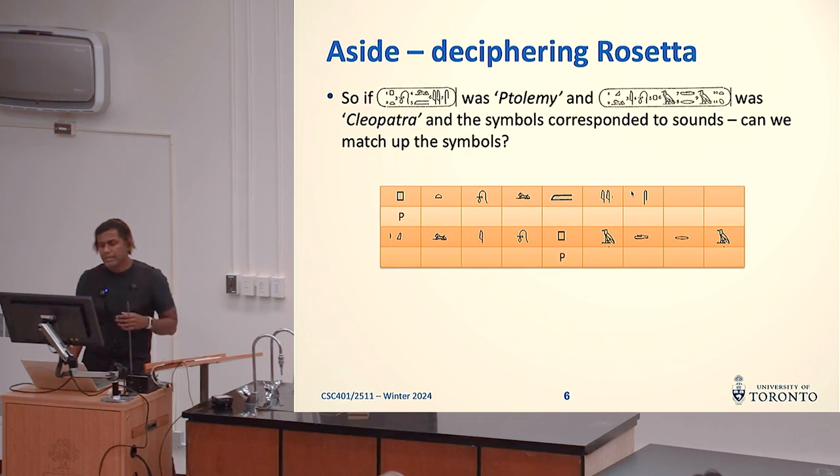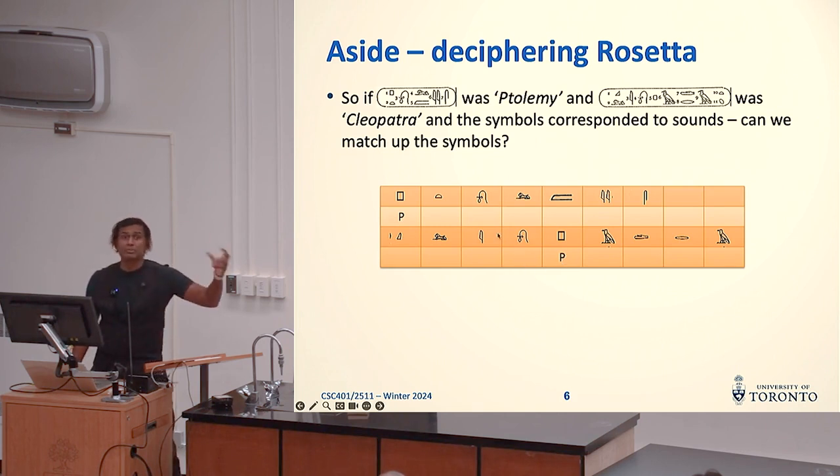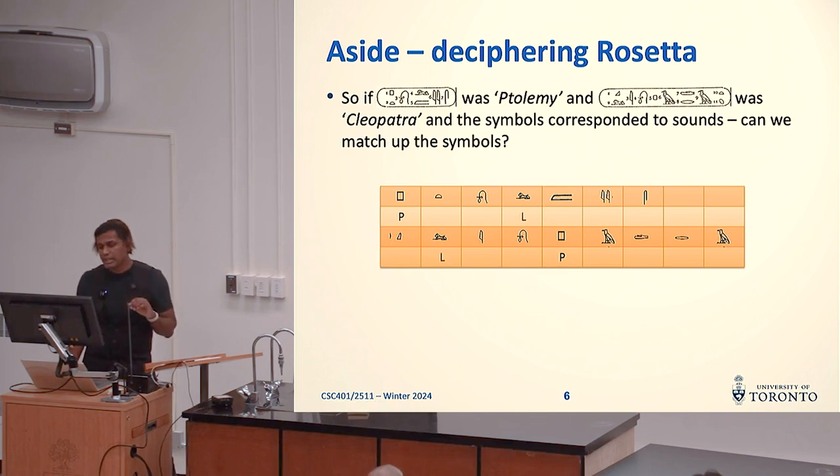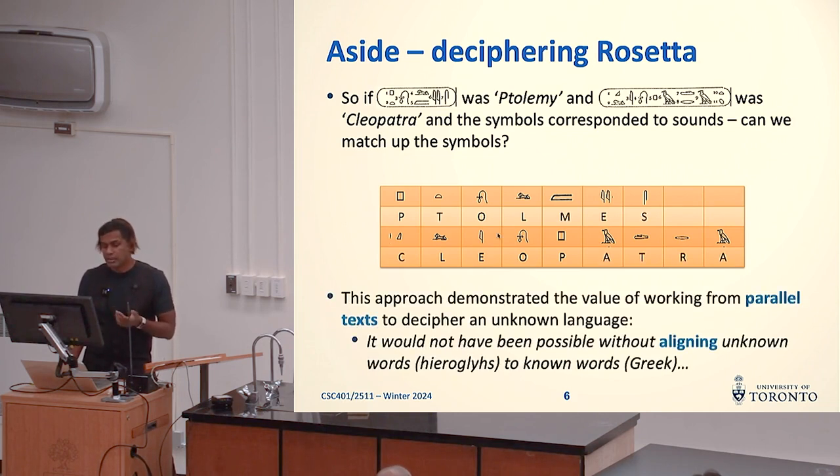He lined them up and saw that the P in Ptolemy and in Cleopatra, this rectangular symbol, could correspond to the P sound. Similarly, this lion or animal symbol could be L. He also looked at other cartouches from different artifacts, like obelisks of Alexander the Great, and deciphered the sounds. That was the underlying idea.